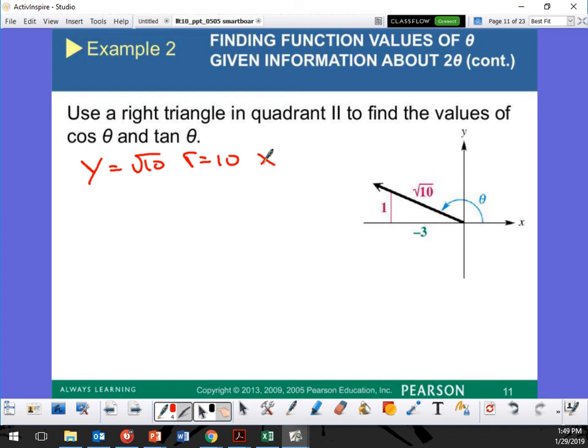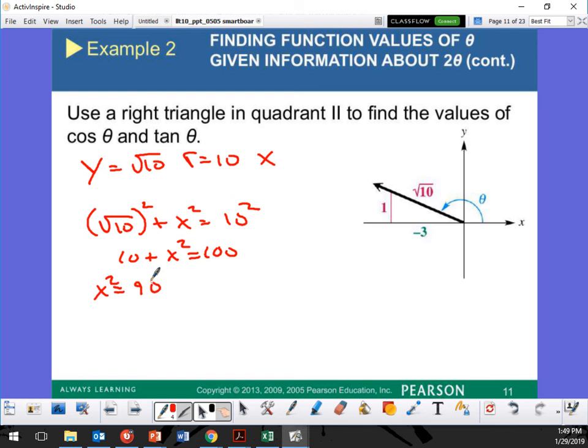So it's going to be x squared plus the square root of 10 squared, which is 10, equals 100. So it's going to be minus 10, so x squared is equal to 90. So x equals plus or minus the square root of 90.